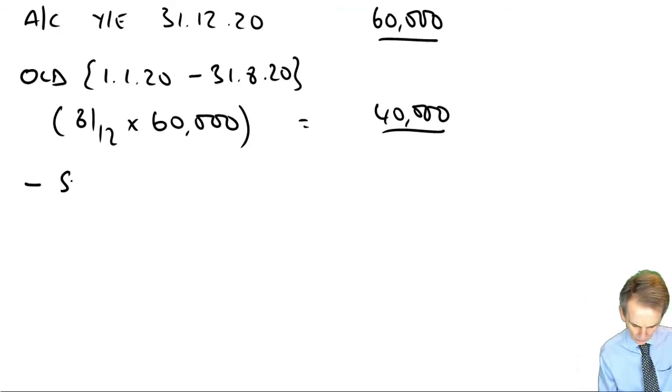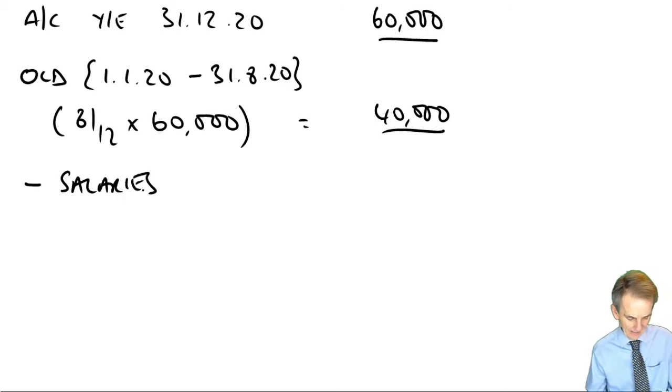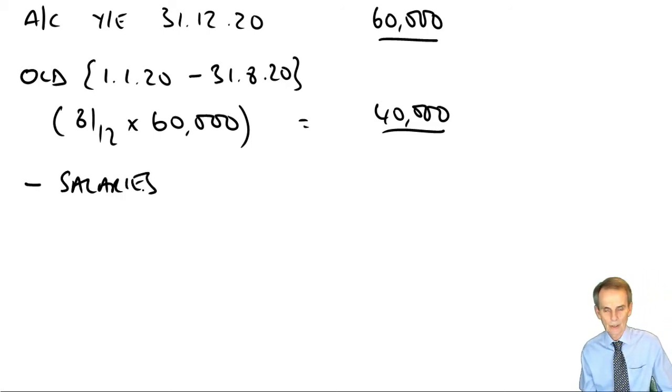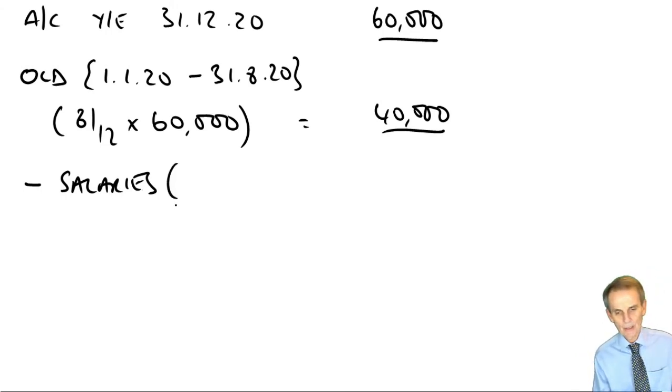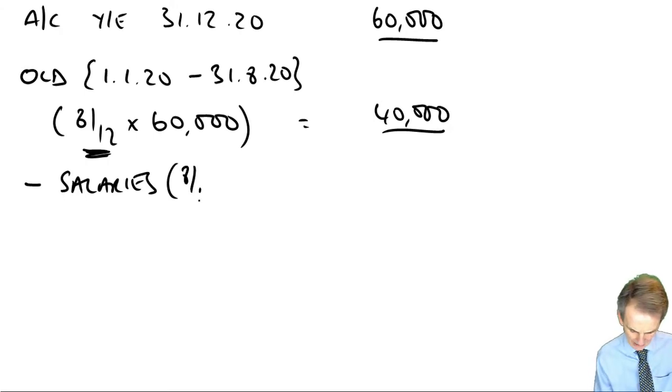What did the old agreement call for? It called for salaries and then the balance in the profit sharing ratio. What were those salaries and how much of those annual salaries should be credited? We know it, it's 8 months. So we would take 8/12 times each annual salary figure.